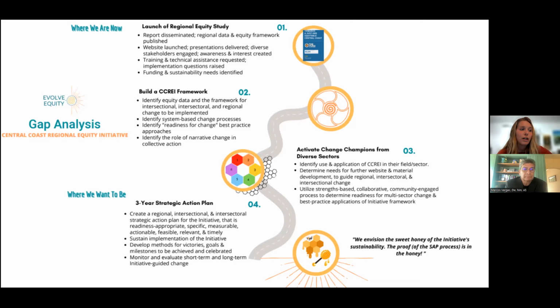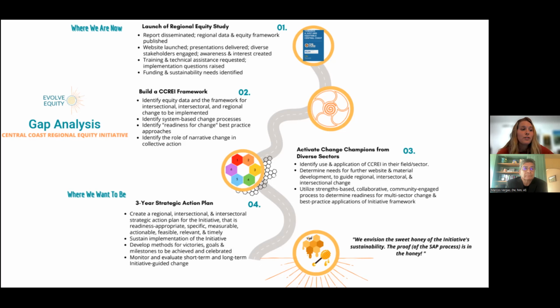So far, we've launched the regional equity study and shared this with our community and been creative in how we share this. We've also built out the framework, keeping in mind a readiness for change and the power of narrative and collective action. And we also have a roadmap for where we want to be. This includes activating change champions from diverse sectors, speaking much to the intersectionality of equity.